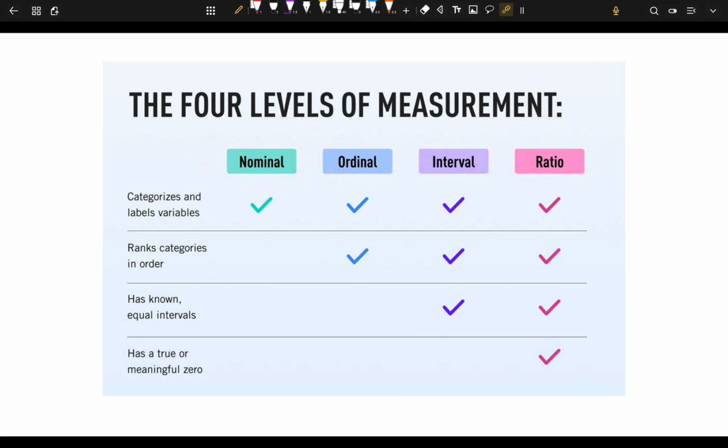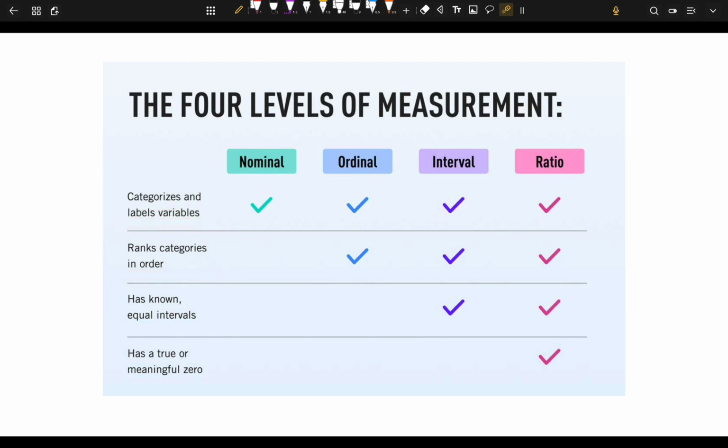Under nominal data, nakakategorize, nabibilang, at nalalagyan natin ng label yung ating mga variables. Ordinal, ganun din, nakaklasify, nakakategorize, pero ang nadagdag ay na-i-rank natin yung ating mga data.